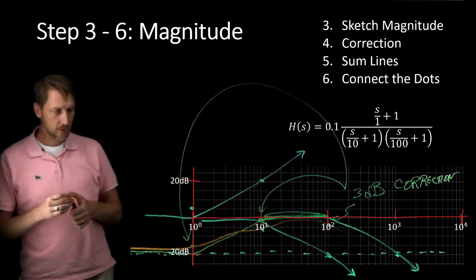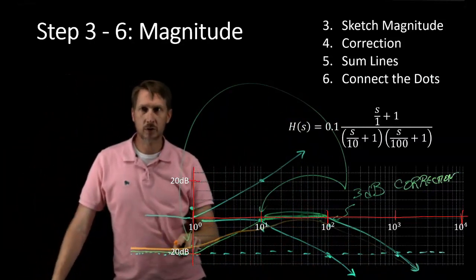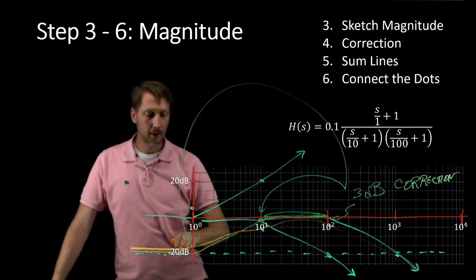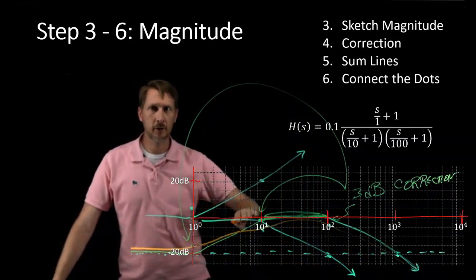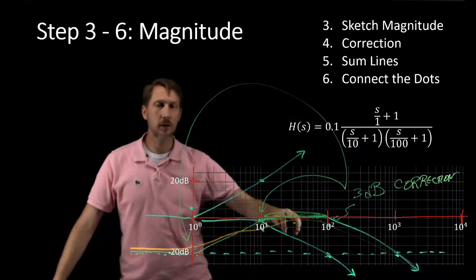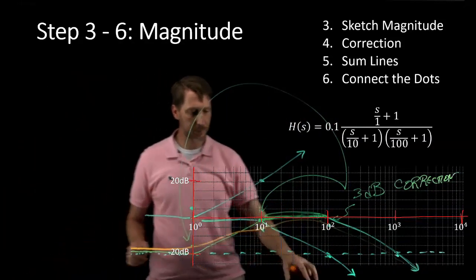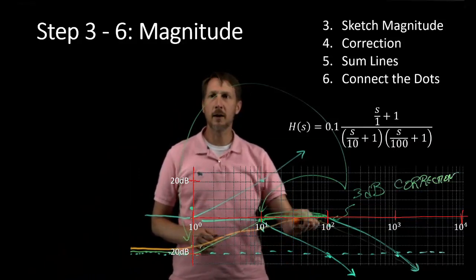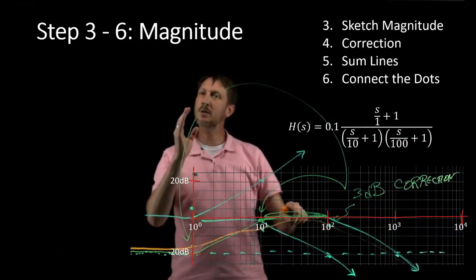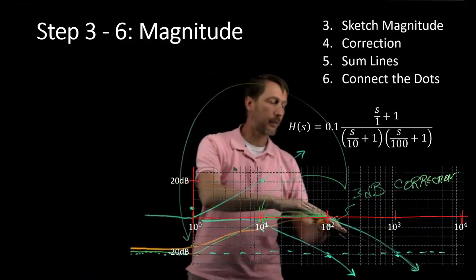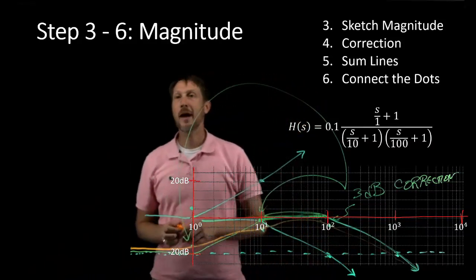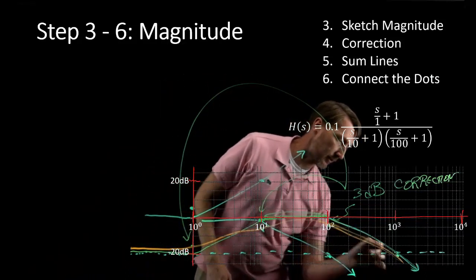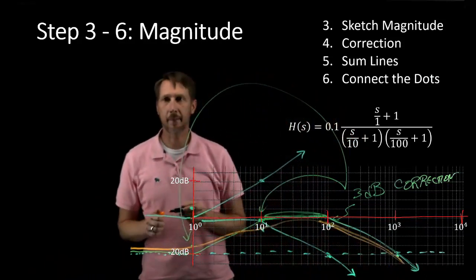So you can see that this line is going to start out very low, -20 dBs down, and then it's going to curve up and it touches in the middle of this passband, because that's just how the 3 dB corrections are going to work. It's going to touch somewhere in this passband, or not touch, but it's going to come real close to this asymptote, and then it's going to curve back down. So it ends up going down in that manner.